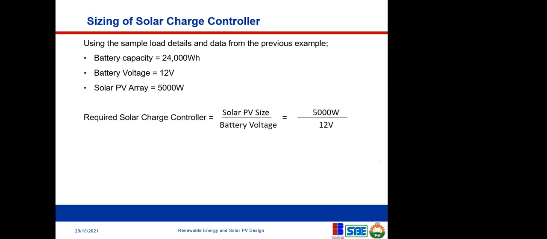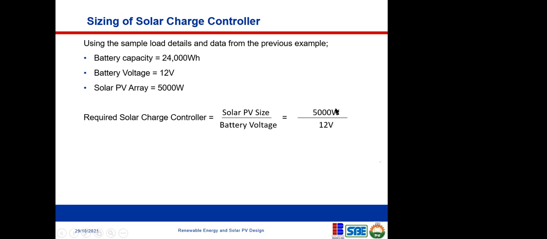The required charge controller is given by this formula: the solar PV size divided by the battery voltage. Now, the size of your charge controller is rated in amps. If you use these values, your solar PV size is 5,000, and you divide it by 12 volts.